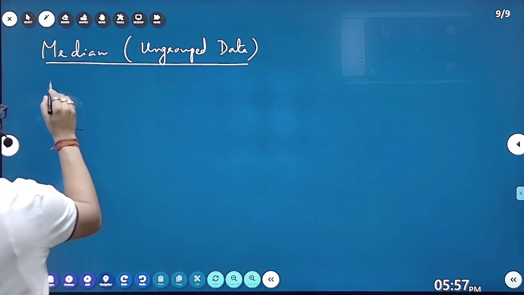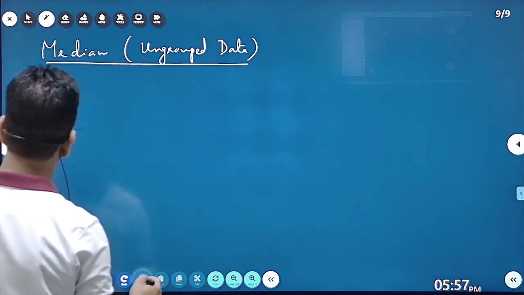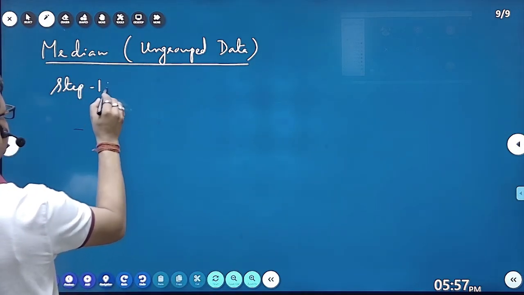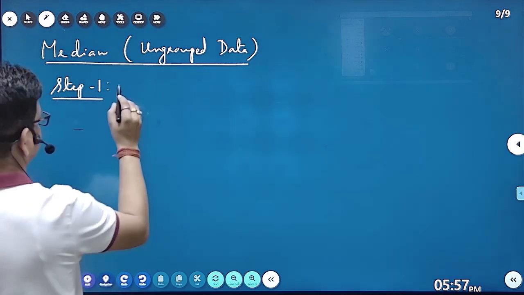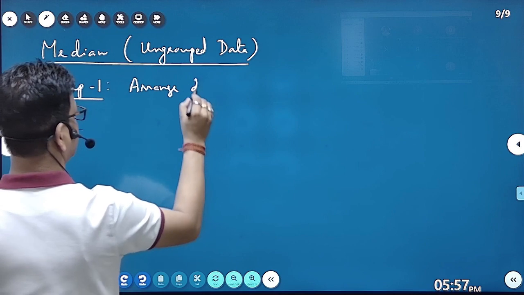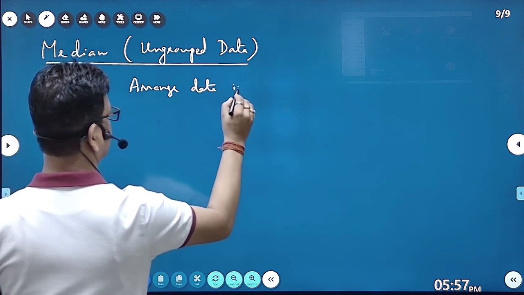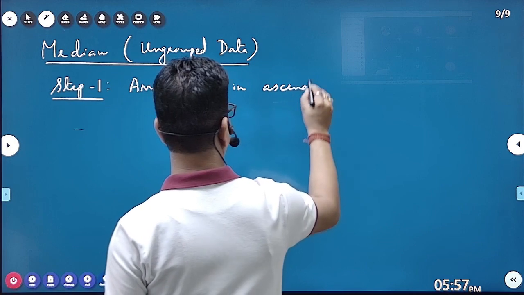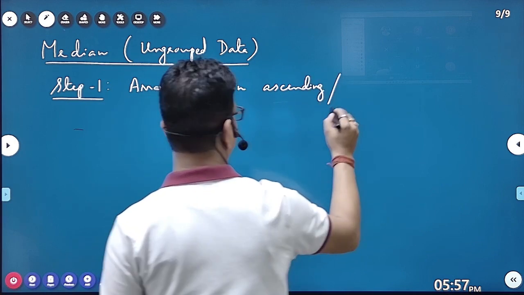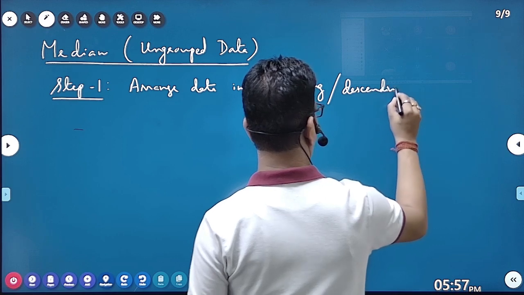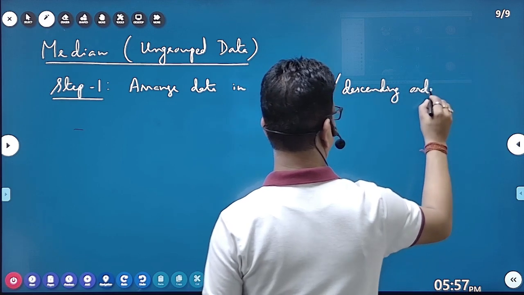Step 1: we arrange data in ascending or descending order. This is step 1.